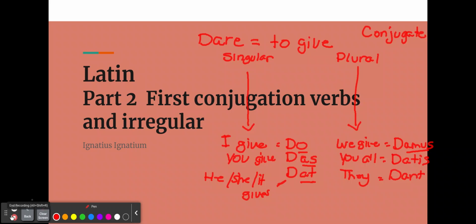So let's look at the other RA verbs, and we'll add more for this video. Let's clear that out. In the last video, we had laborare. It's an RA verb. And if you think of the English, you probably will figure out what this is. Laborare means to work in the present infinitive.